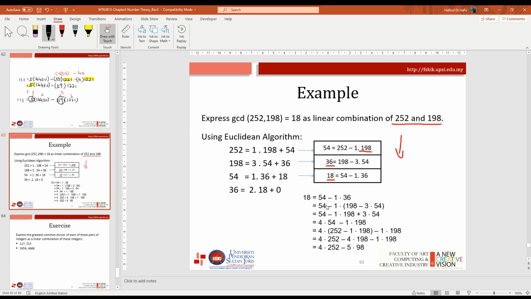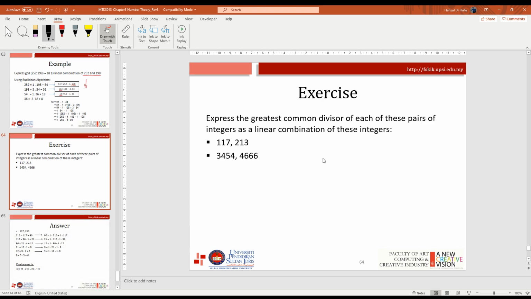This one is an example of a linear combination of these integers. Please do this one in the Padlet exercise.